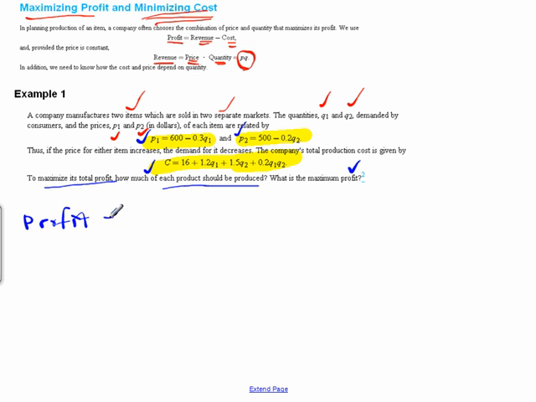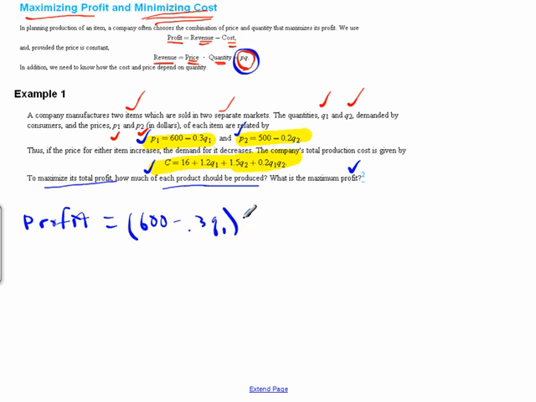Well, we know that profit equals revenue minus cost. Well, my revenue is price times quantity. So for my first item, my price is 600 minus 0.3 Q1.